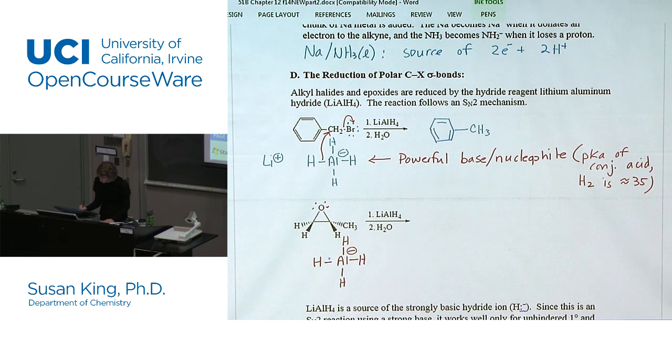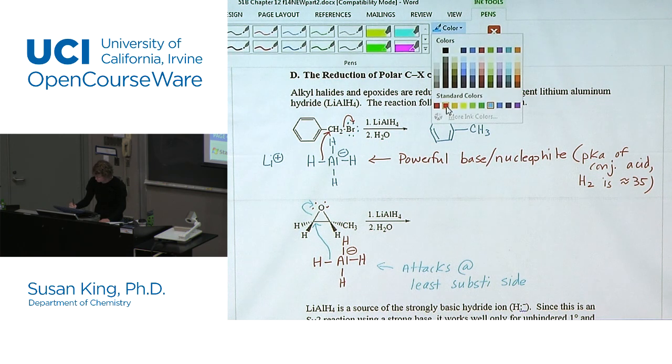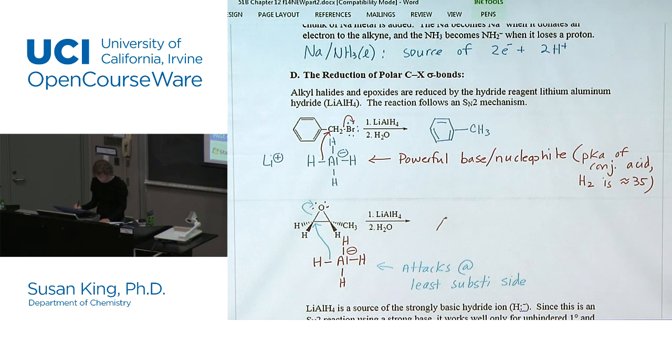So what it would look like here, again, the arrow comes from the aluminum hydrogen bond. It's a powerful nucleophile, so we attack on the least substituted side. Oh, what happened to my first arrow there? How about that? So it attacks at the least substituted side. And once you do that, you open up the epoxide.